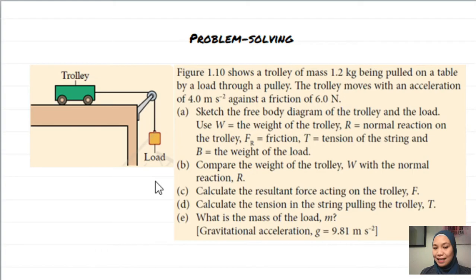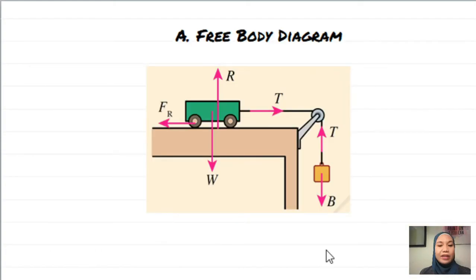So let's see how we will solve this problem. Draw the free body diagram. We must particularly consider the forces acting on the trolley and then the forces acting on the mass, the load. First of all, what are the forces acting on the trolley?